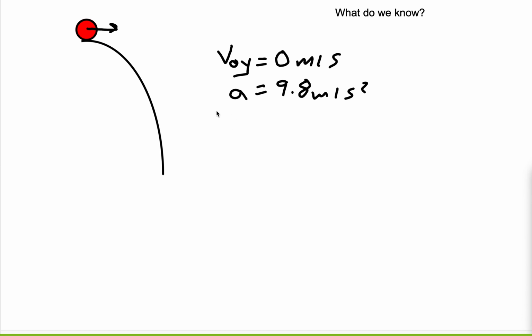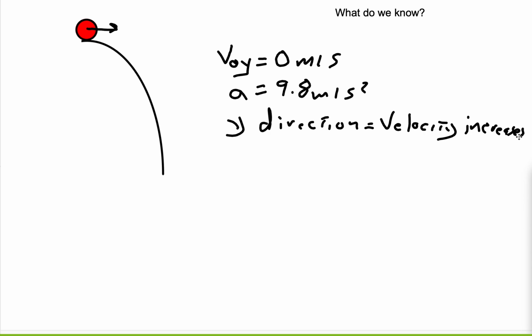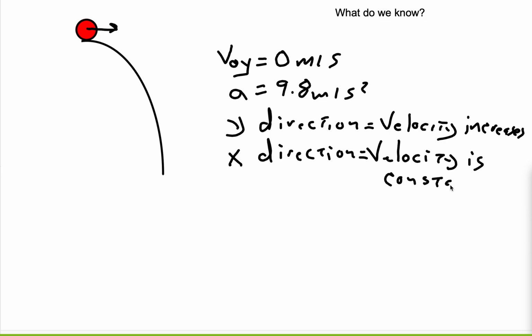The other thing that we know, you guys, is that in the y direction, velocity increases, right? So as this projectile falls, it's picking up speed in the y direction. And we also know that in the x direction, velocity is constant. It does not change. It's always the same.